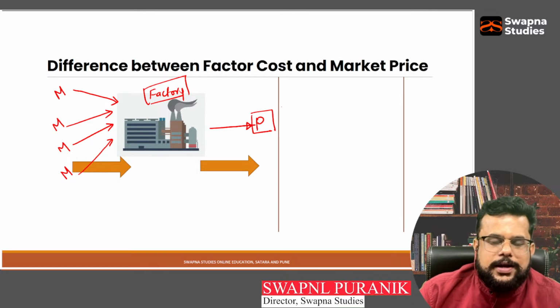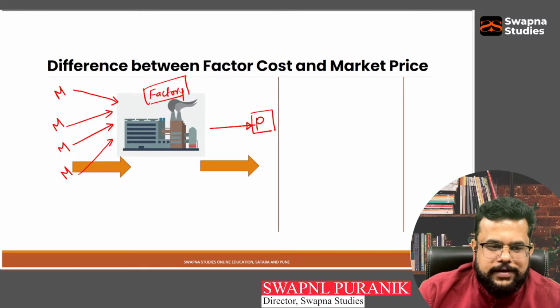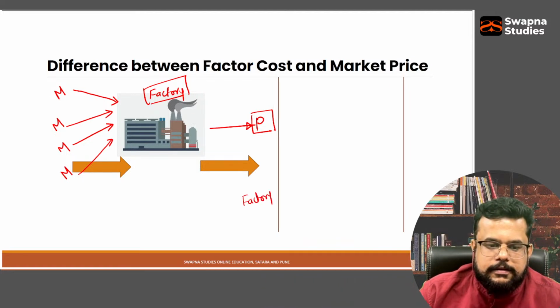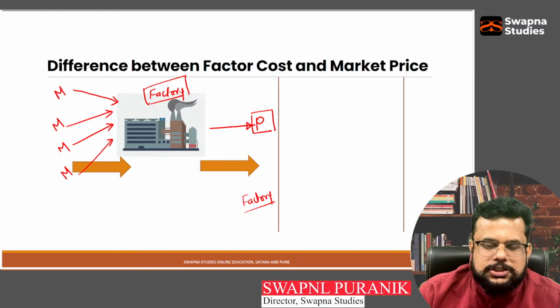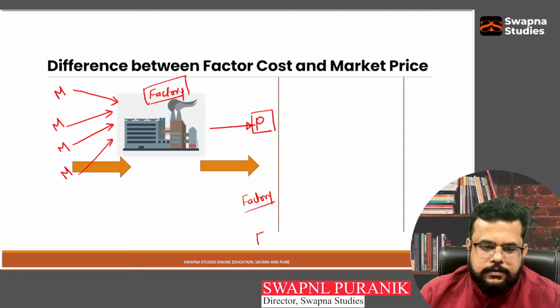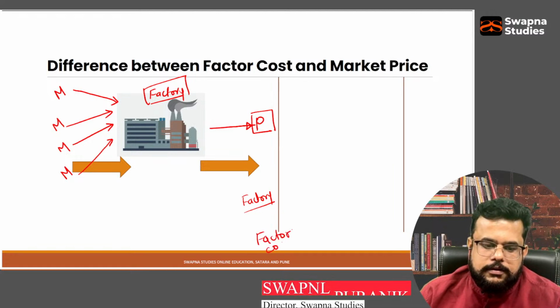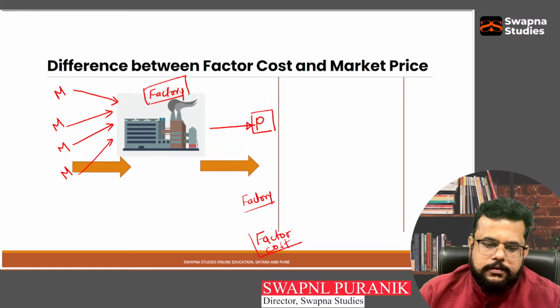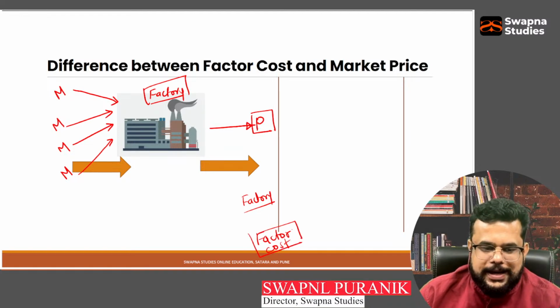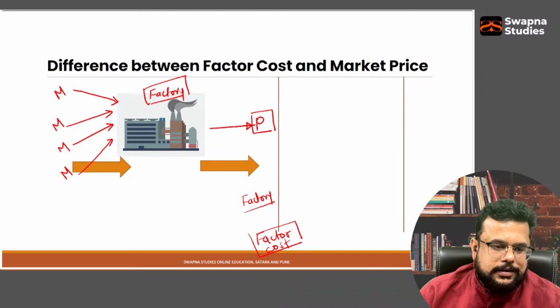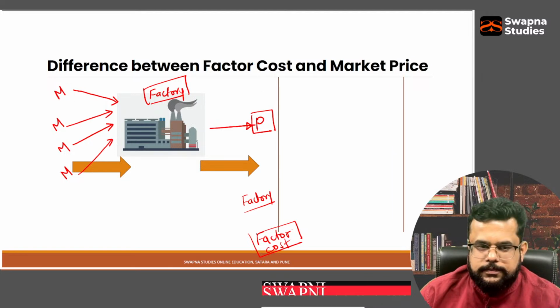And when this product is ready in the factory, then the price of this product is called the factory cost or factor cost. The price of the completed product is called factor cost.